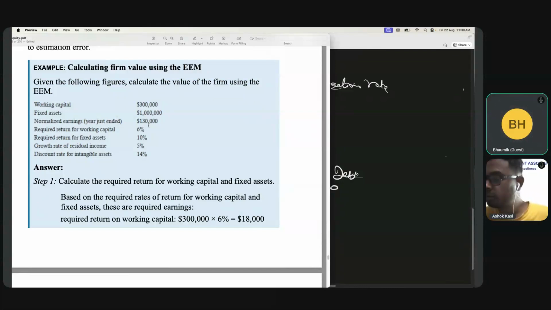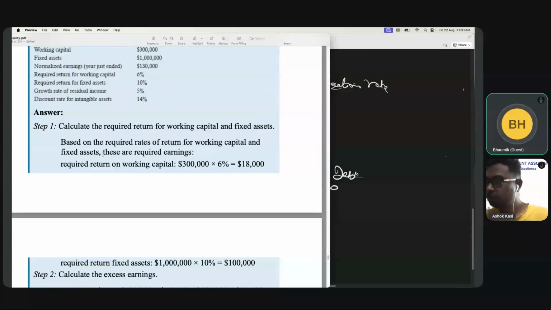Required return for working capital 6%, required return for fixed assets 10%, growth rate of residual income 5%, and discount rate for intangible assets 14%.